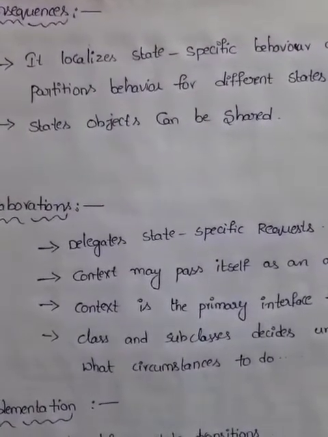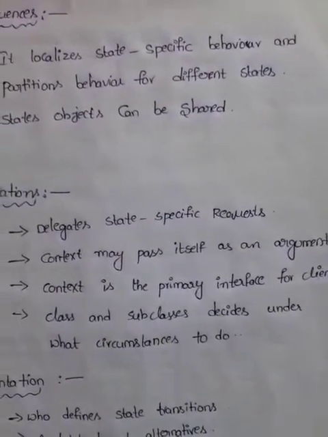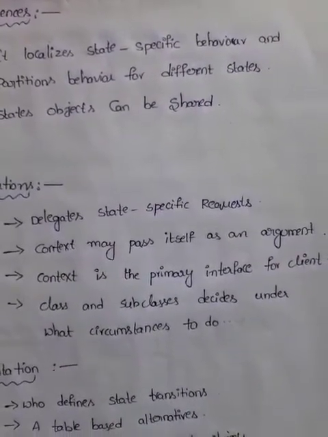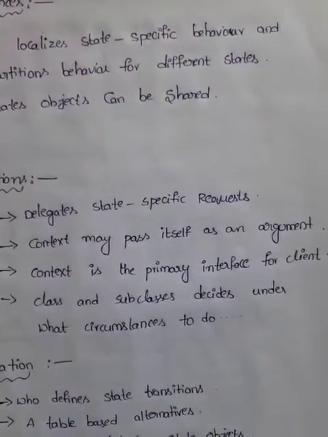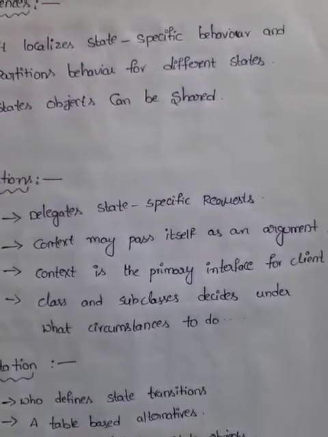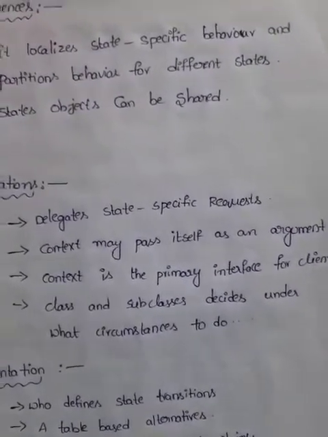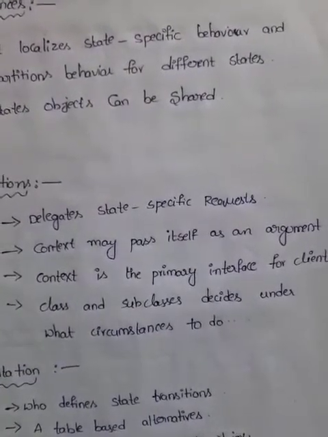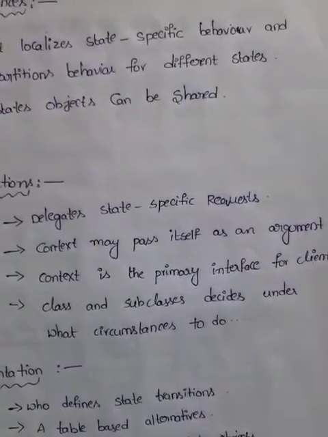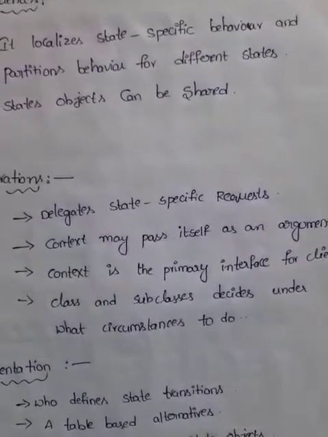The context is the primary interface for clients. Clients can configure a context with the state objects. Once a context is configured, its clients don't have to deal with the state objects directly. Either the context or the concrete state subclasses can decide which state succeeds another and under what circumstances.